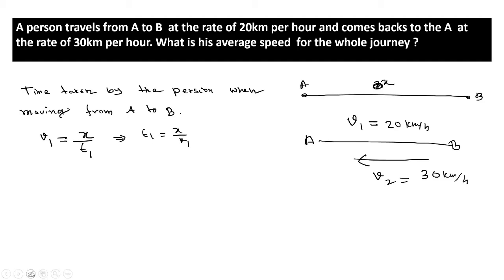Now in the second case, when the person is coming back from B to A, the time taken by the person when moving from B to A: we know the velocity is v2.